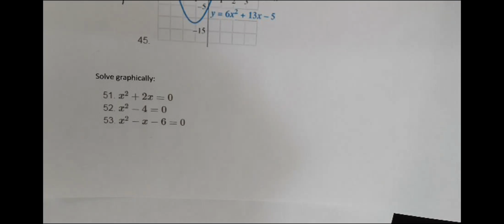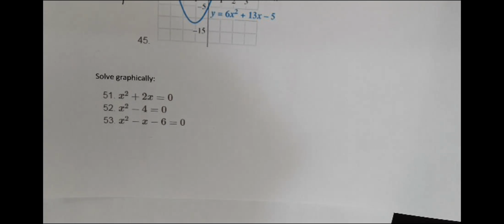Because there are multiple ways and we haven't even done any that are like quadratic yet, right? I don't think so. Yeah, I think it was no quadratics. So they say solve these things graphically. We're not solving them graphically. We might look at a graph to check our solution, right? But I want to solve these things symbolically.